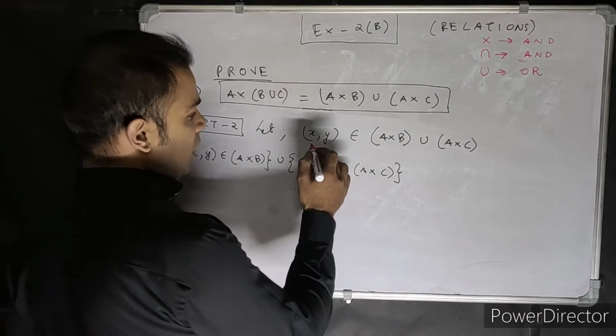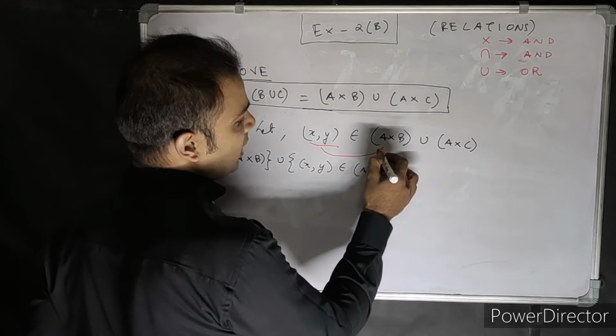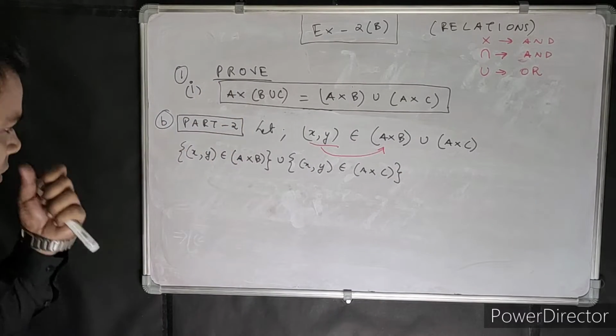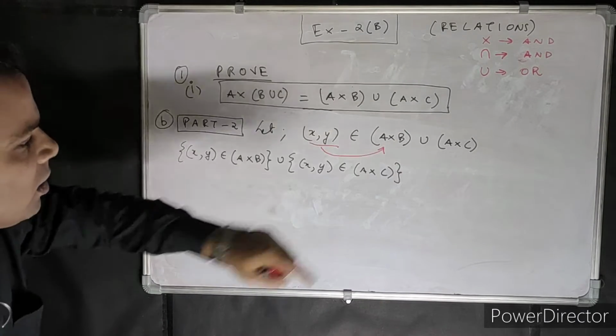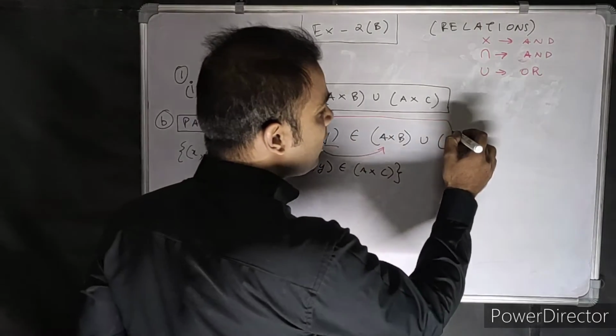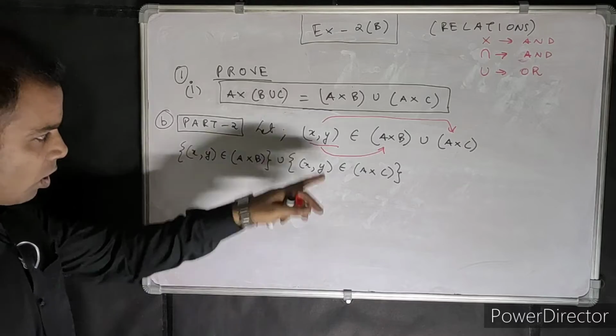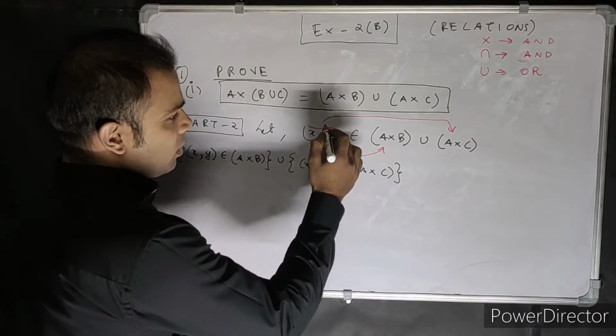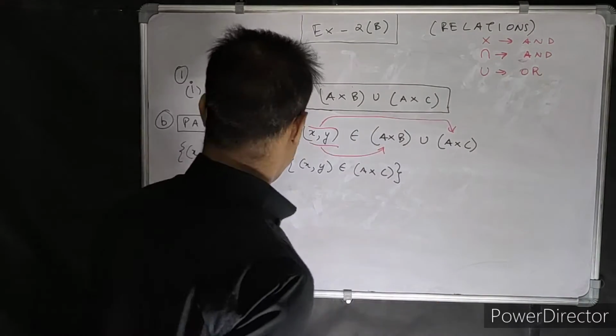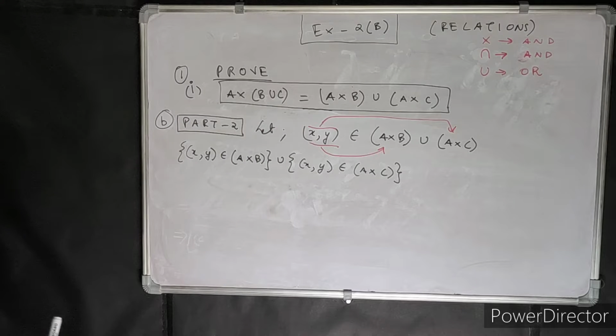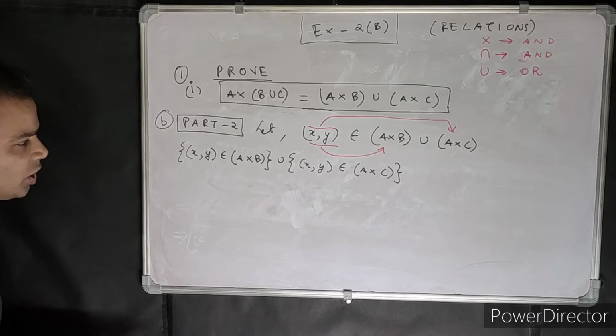What happened over here? We have taken the whole coordinate. The whole coordinate has to belong to the relation A cross B and the union is there, or it also belongs to the, or this whole coordinate, whole thing belongs to the relation A cross C. Okay. Now this union is going to change to or.